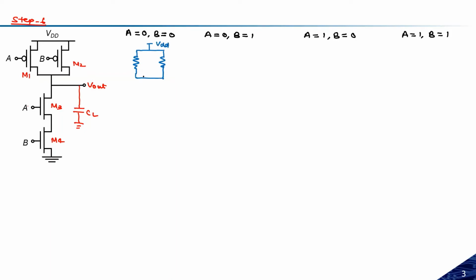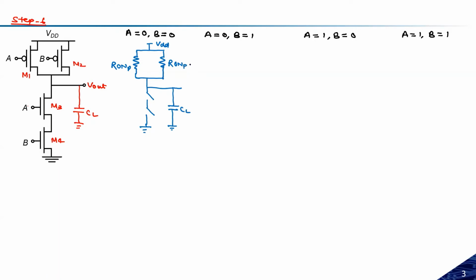Here we will have two open switches, and here I will have the load capacitance CL. I'm writing it as R on P, R on P, because I'm considering P for the PMOS transistor.